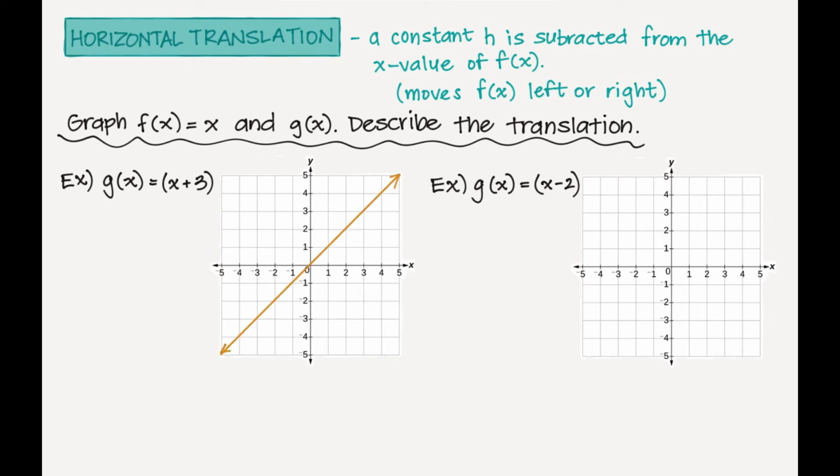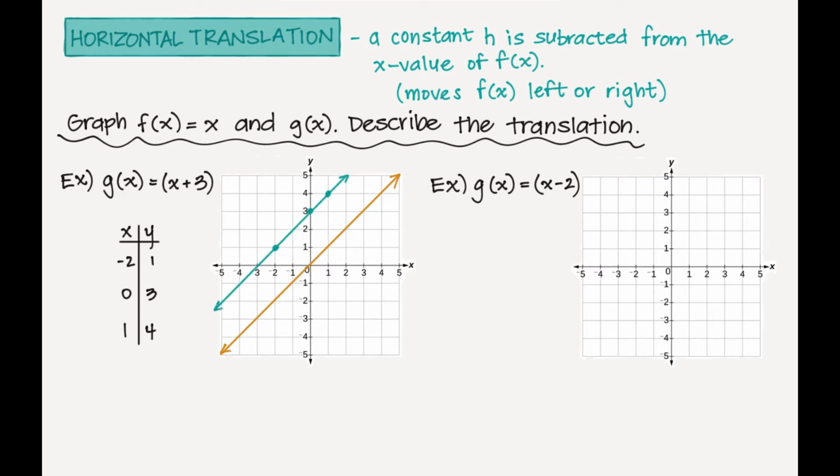And now I can go ahead and draw my table and choose those same values, -2, 0, and 1. -2 plus 3 is 1, 0 plus 3 is 3, and 1 plus 3 is 4. So I can go ahead and plot all 3 of those points and draw my line.